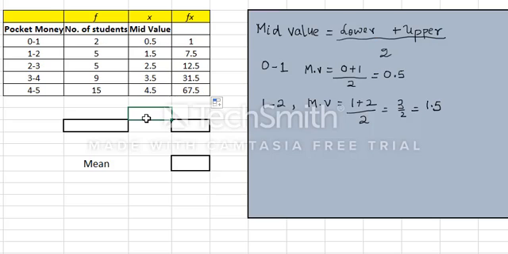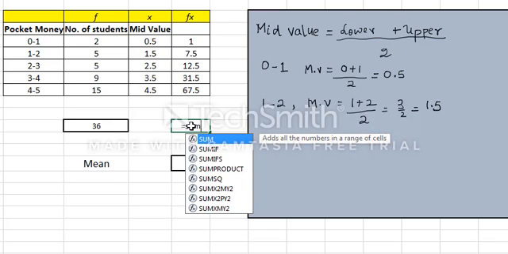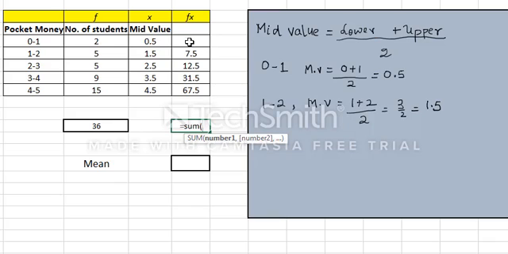Now, before we go ahead and find out the mean, let us find out the total number of students, which is going to be equal to the sum of all these values. Alright, so the total number of students is 36. And the summation of all these values comes to 120.